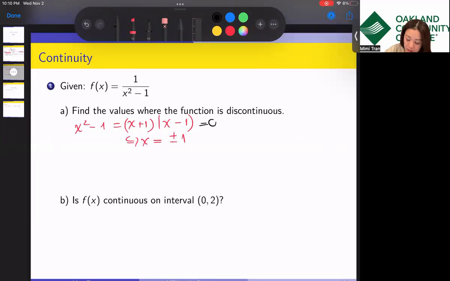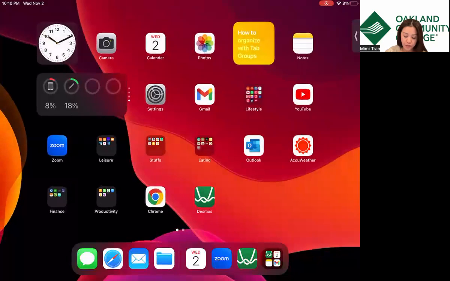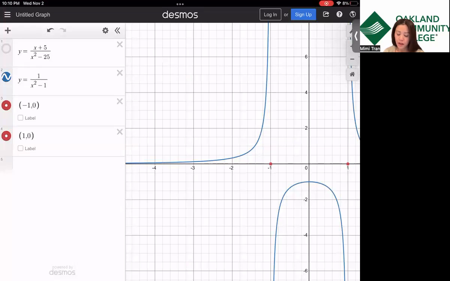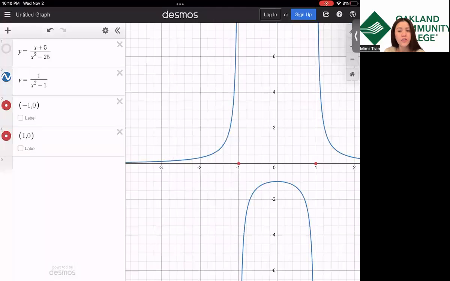And then x equals positive 1 or negative 1, right? You say it cannot be equal to positive 1 or negative 1, because at those two points the function is undefined, right? And it's true for this problem. Let's take a look at this graph. At negative 1, can the function be defined? No, right?